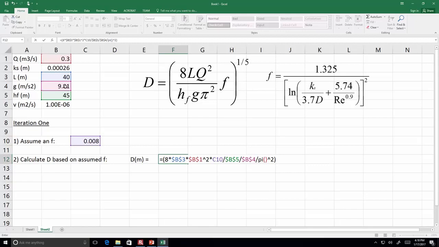Okay. And now, once I've got that, I have to take it to the 1/5 power. So that's to the power of 0.2.